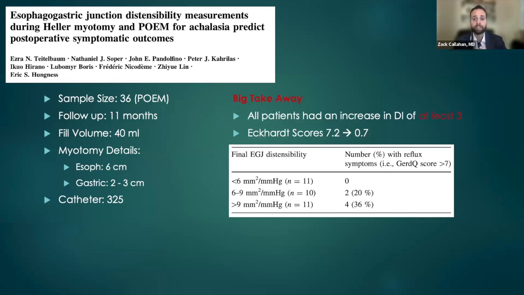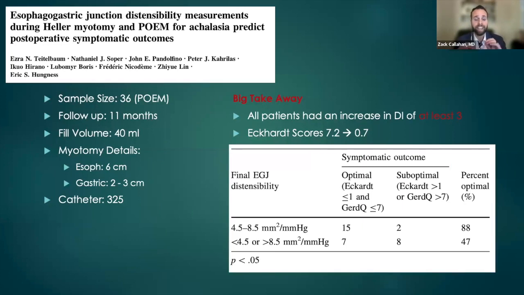Then they did a sensitivity analysis to look at patients with an Eckardt less than 1 but a GERD-Q less than 7. What they found was that 88% of patients with a DI between 4.5 and 8.5 had optimal symptom outcome, meaning they had resolution of dysphagia without a positive GERD-Q score.